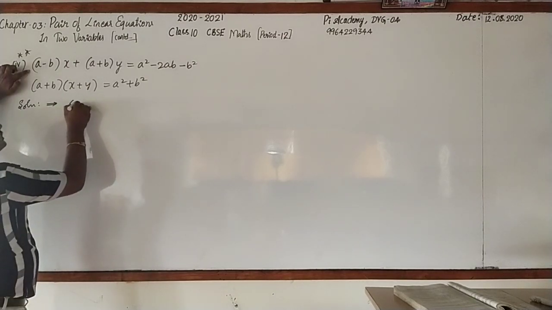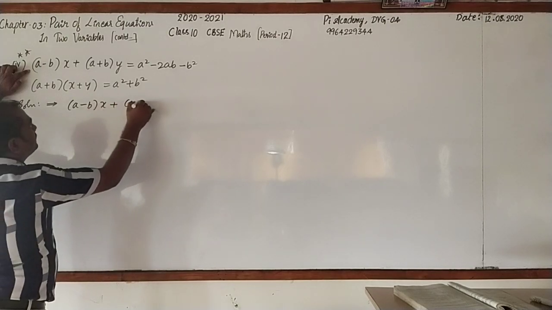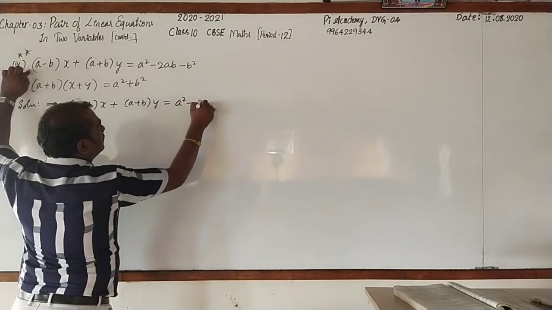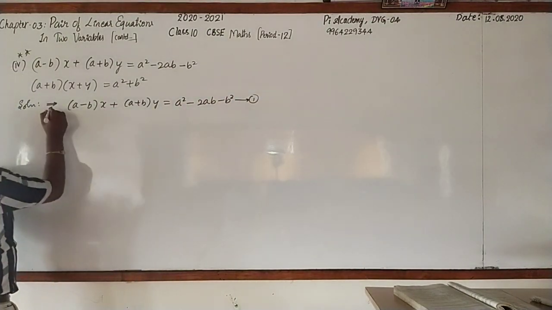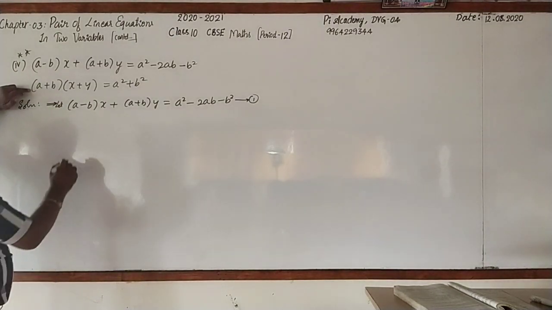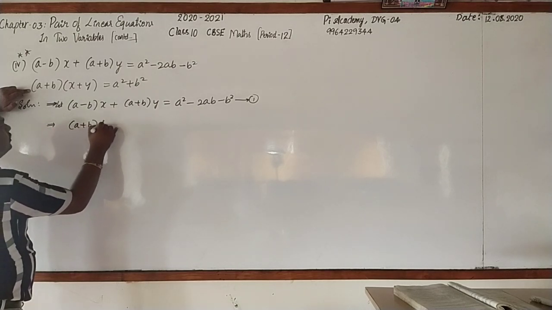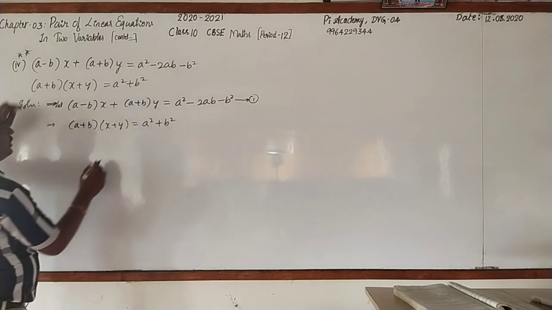Here the first equation, write it as it is: (a minus b) into x plus (a plus b) into y is equal to a square minus 2ab minus b square. You may call it equation 1. Next, the second equation is (a plus b) into (x plus y), which is equal to a square plus b square.